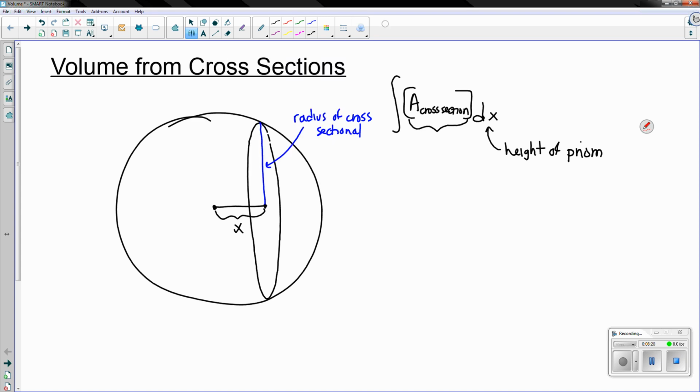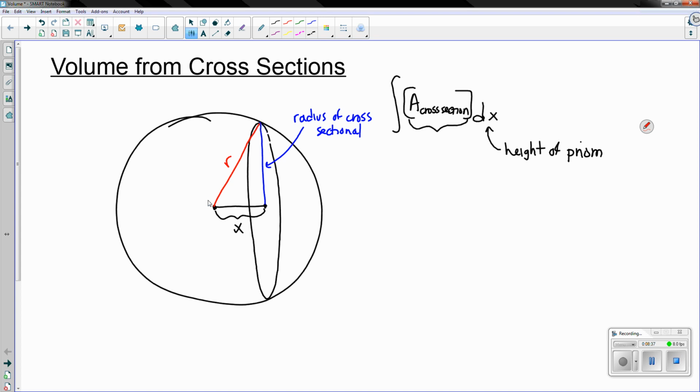So how we're going to do this is we're going to triangulate this by introducing a line from the center to this point here. And the reason we're going to do that is because that red line I have drawn represents the radius of the sphere, which we're going to call r.